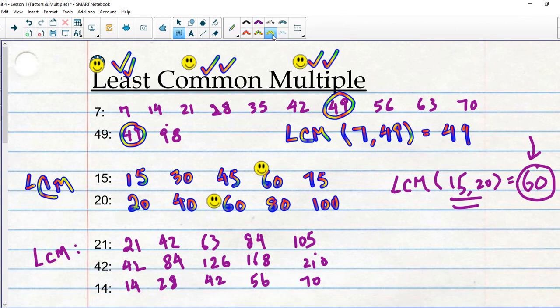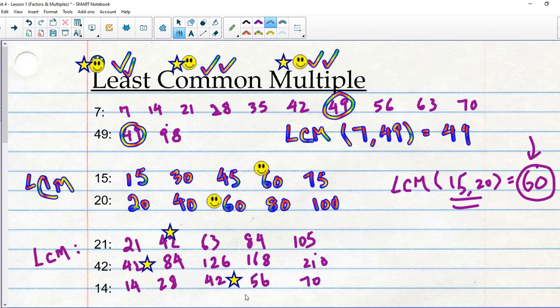All right, now let me get my big marker. What do you guys want? Let's put a star. Okay, all right. So what's the smallest number they all share? All right, so okay, let's comb through these numbers. So 21, now they don't share 21 even. All right, 42, is it 42? Well, there's a 42 here, that's nice. I see a 42, and do you see a 42 here?